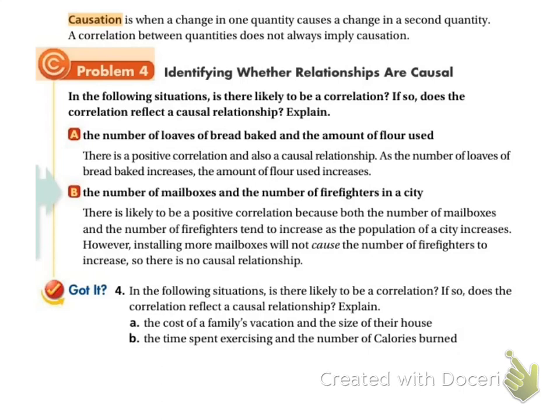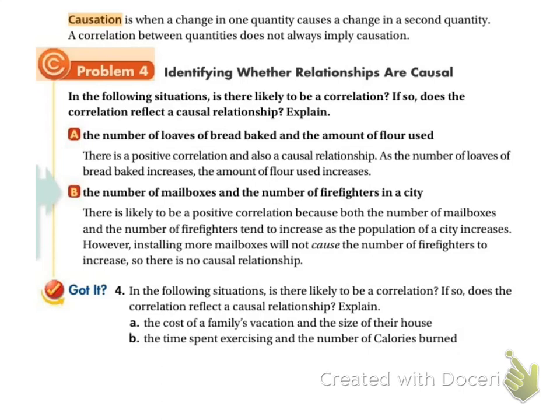So the first one, the cost of a family's vacation and the size of their home. Do you think there's correlation that as a family spends more money on a vacation, the bigger their house is? Well, probably, right? If you think of a family of 3 going on vacation, will spend less than a family of 8, right? And a family of 3 probably has a smaller house than a family of 8 does.